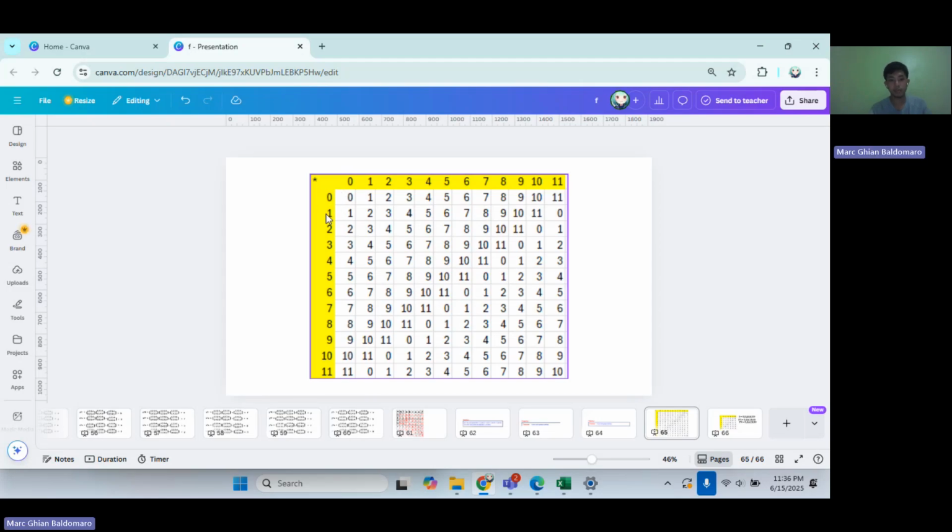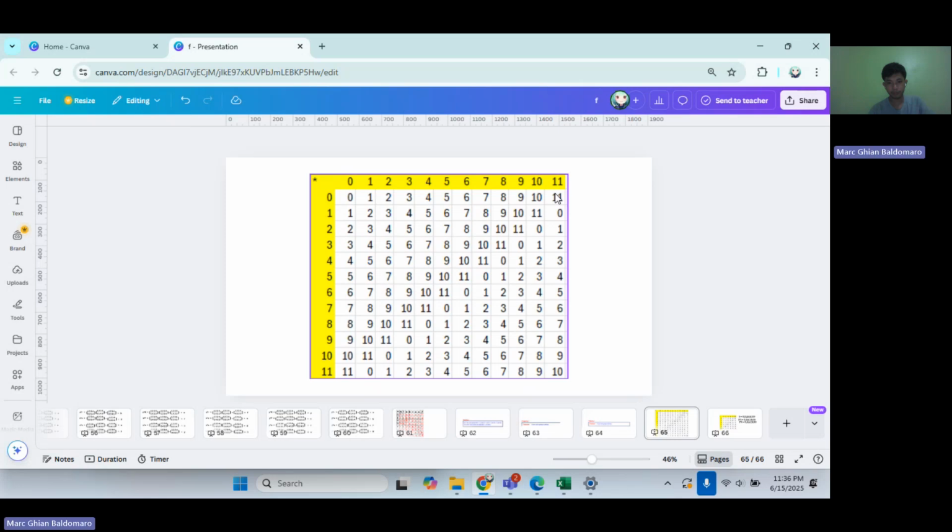Let's try this with 1. 1 operate 1 is 2, 2 operate 1 is 3, 3 operate 1 is 4, 4 operate 1 is 5, 5 operate 1 is 6, 6 operate 1 is 7, 7 operate 1 is 8, 8 operate 1 is 9, 9 operate 1 is 10, 10 operate 1 is 11, and 11 operate 1 is 0. So 1 has an order of 12.